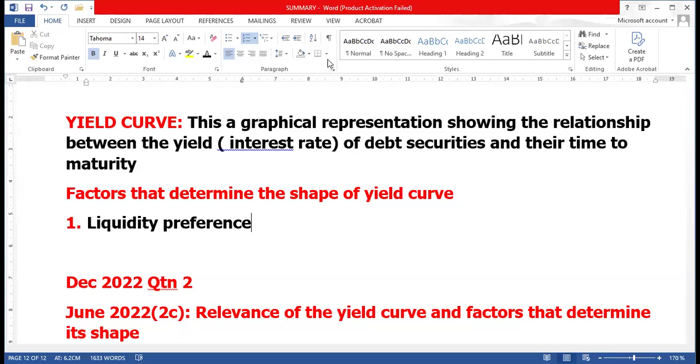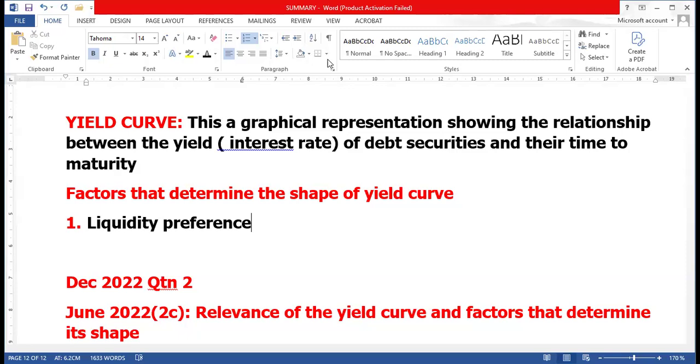So the premium increases with maturity, and that will lead to higher yields for long-term securities. And because of that, you will have what we call an upward sloping yield curve. You will have a curve that is increasing in that way.